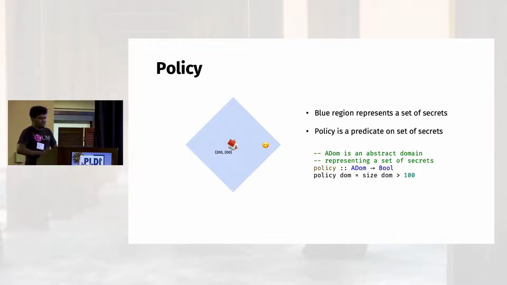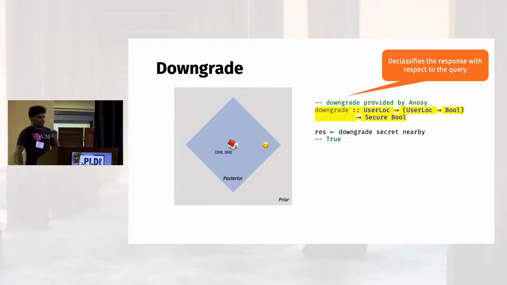What these policies really are is a predicate on those abstract domains. So if the predicate is true, then your result is declassified. If the predicate is false, then you have a policy violation. And the primitive that ANOSY provides is this downgrade statement, which takes the secret and the query, and if it's safe with respect to the policy, it returns the response.